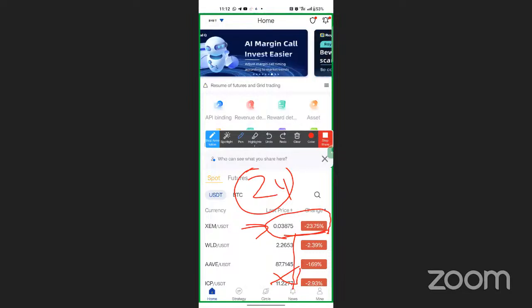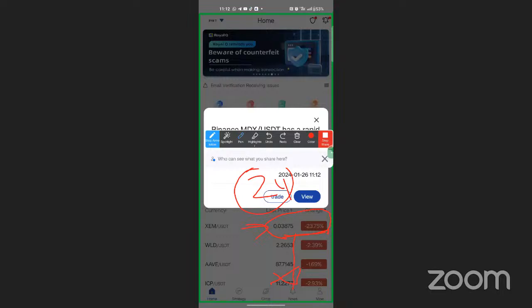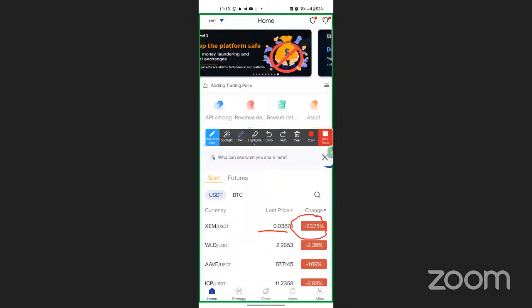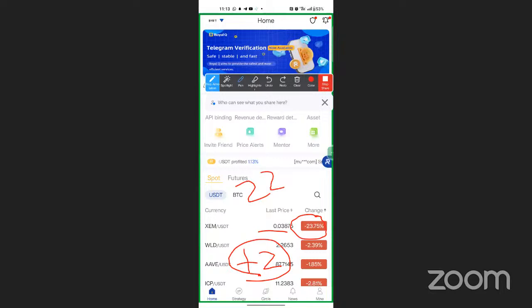It doesn't mean that when you pick this coin at negative 23, and it gets to positive 2, you have made 22% in profit. Give me a 3 in the chat if you have understood that statement.